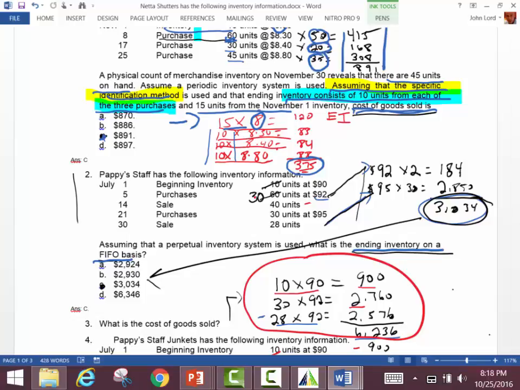And then the problem told me I sold 28, so I went up here and sold all but 2 of those. Now I'm left with 2 at 92, and I'm left with 30 at 95. And that's how I got the ending inventory they asked for here.